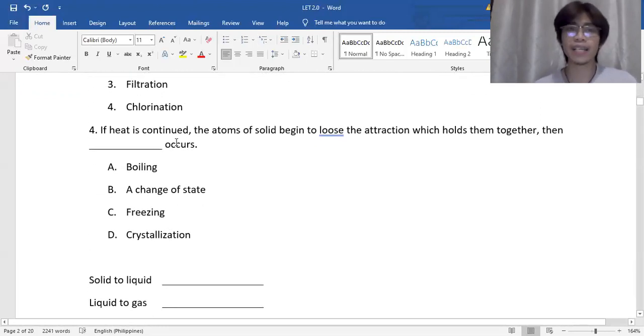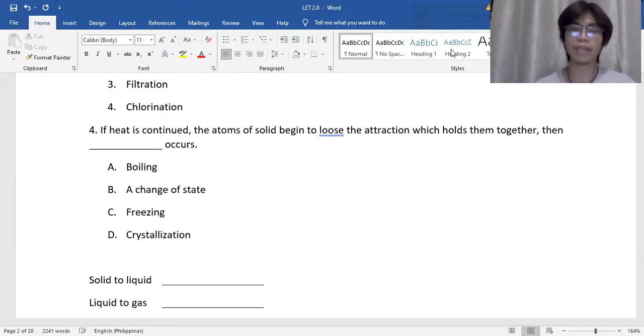Next one. If heat is continued, the atoms of a solid begin to lose the attraction which holds them together. Then blank occurs. Is that boiling? Is it a change of state? Is that freezing? Or is that crystallization? This is very easy. Our clue word here is begin to lose the attraction.